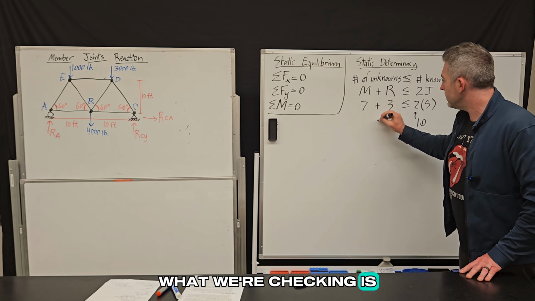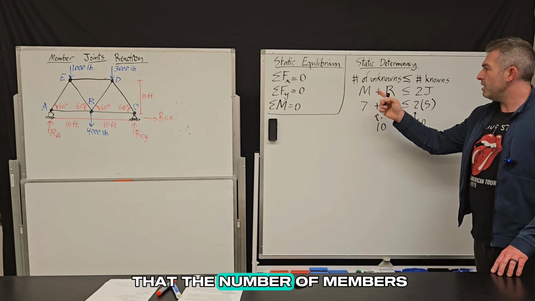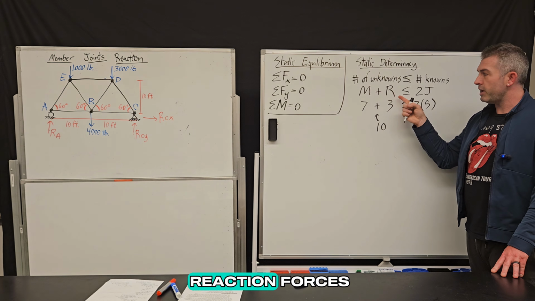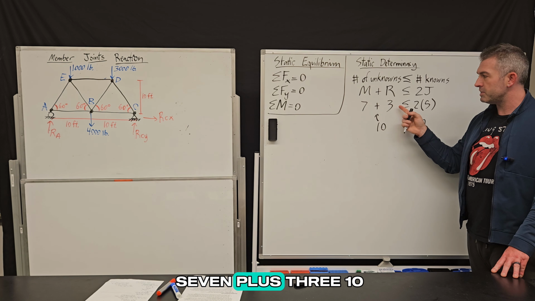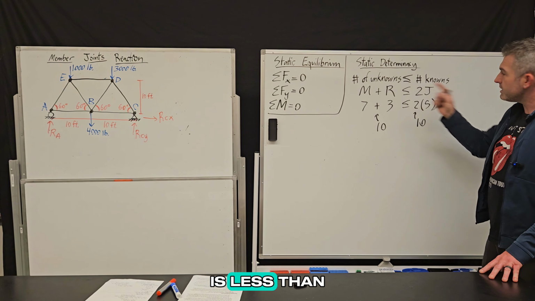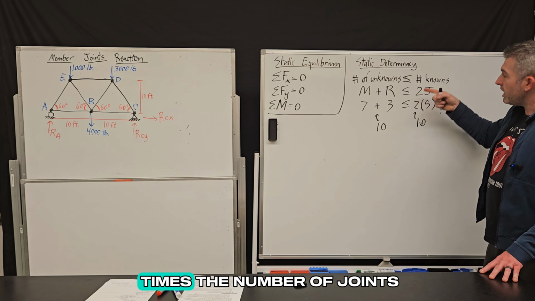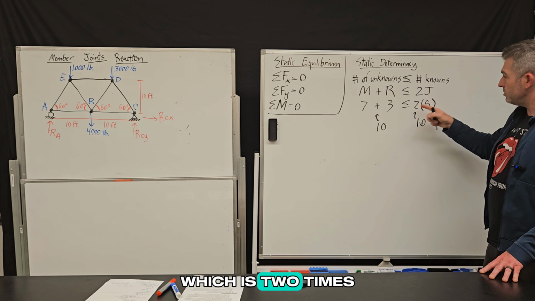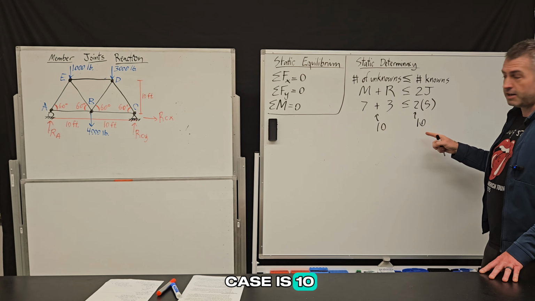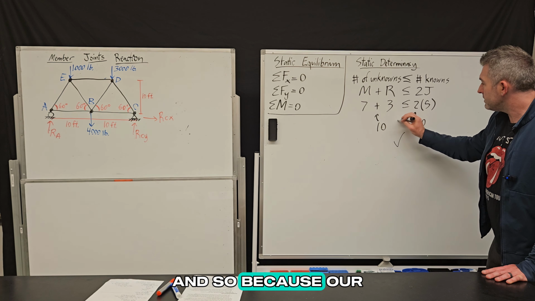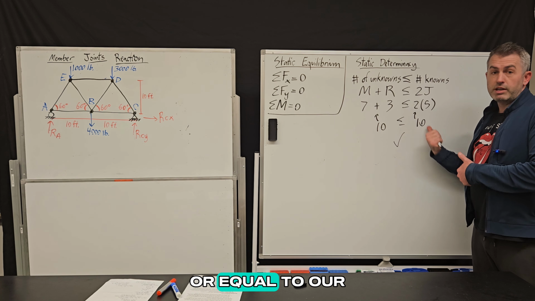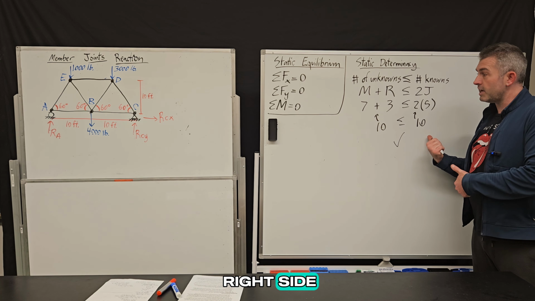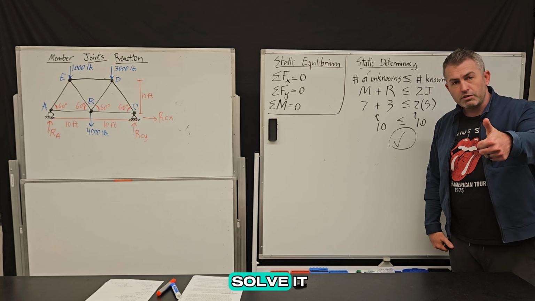And so what we're checking is that the number of members plus the number of reaction forces, or in this case 7 plus 3, 10, is less than or equal to 2 times the number of joints, which is 2 times 5, which in this case is 10. And so because our left side is less than or equal to our right side, we can say, yes, this bridge is statically determinate and we're able to solve it.